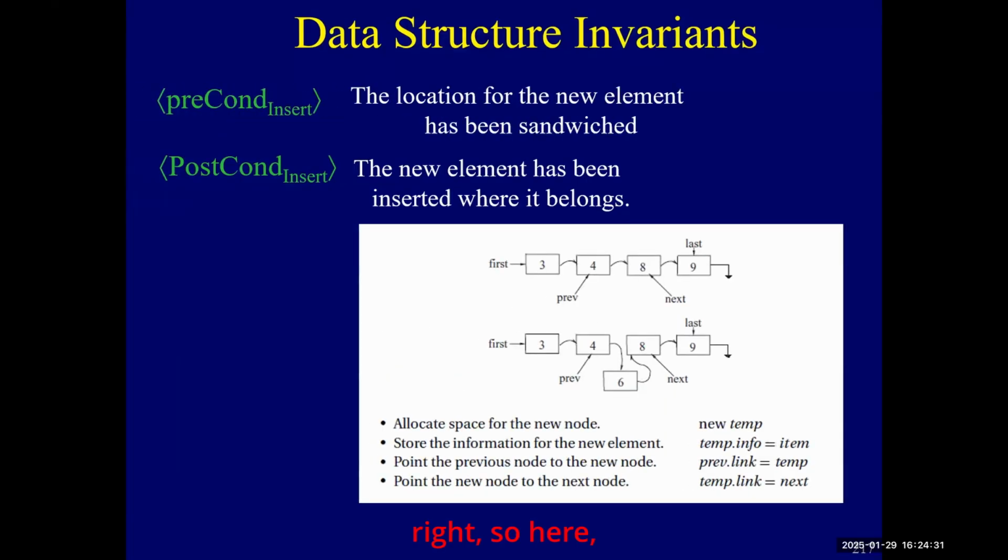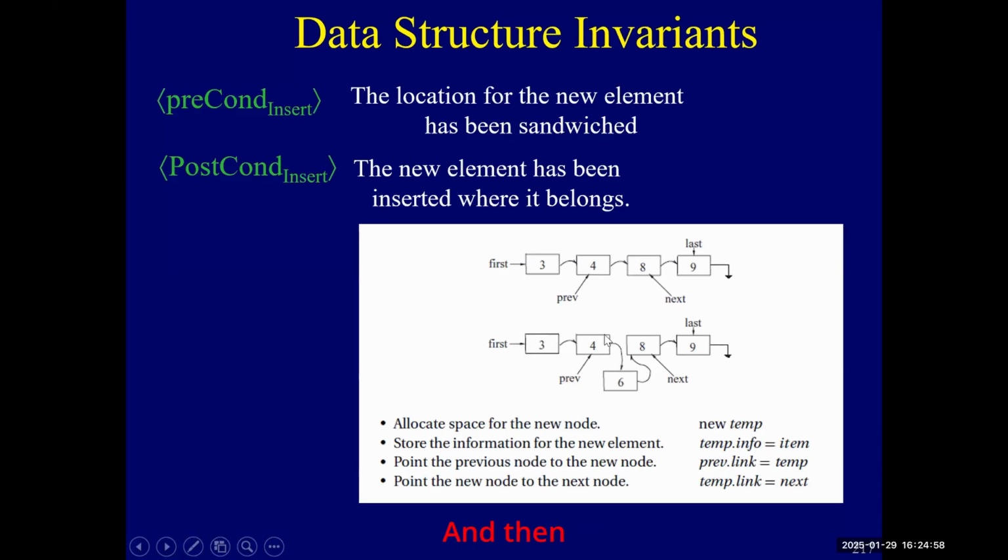All right, so here now we've sandwiched the spot, and we want to put it in where it belongs. Here we have Python code for getting a new variable temp. Temp will be pointing at this new guy, and temp's info will be the new item.